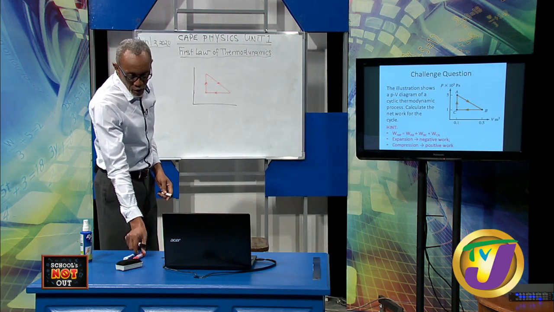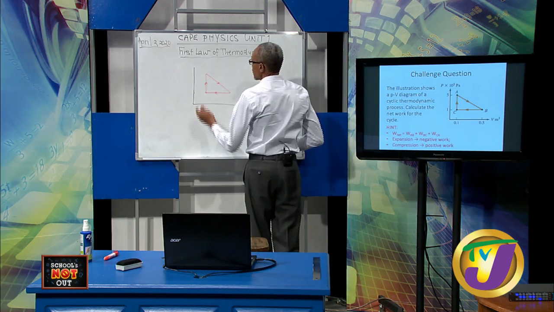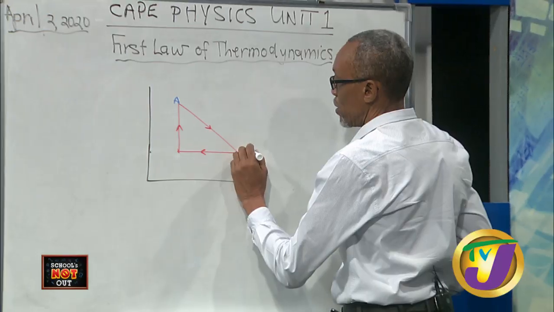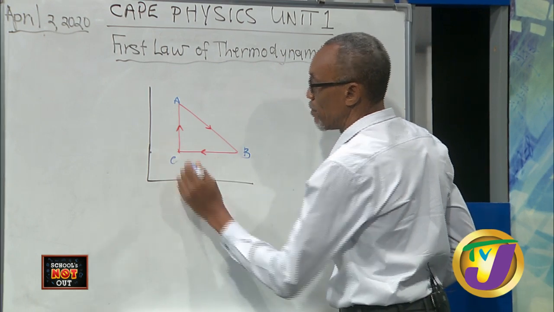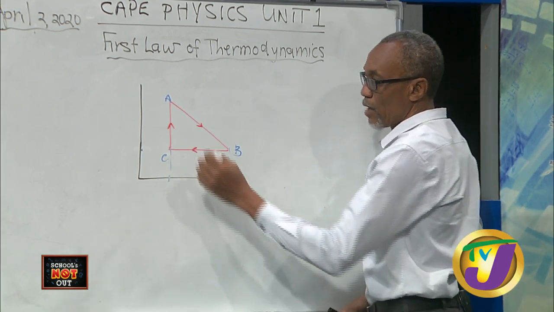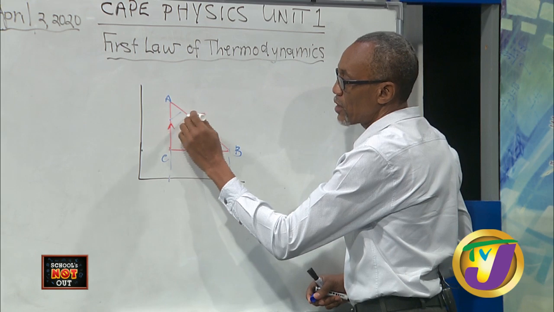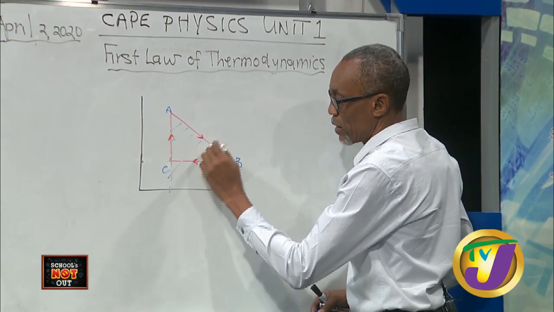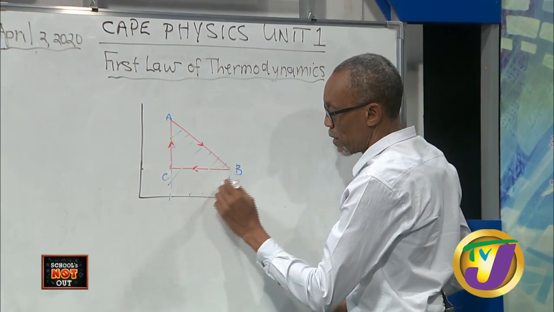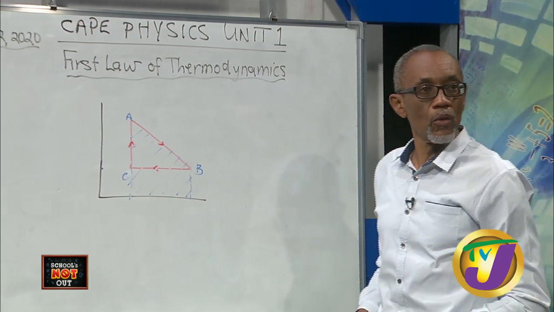Now, if we recall, this is A, B, and C. For this first phase, A to B, I'll draw this, this area here would be numerically equal to the work done.